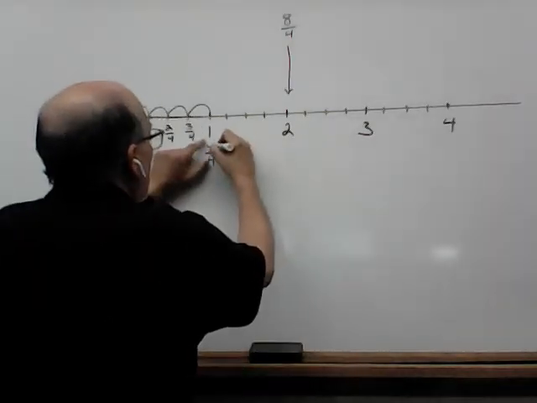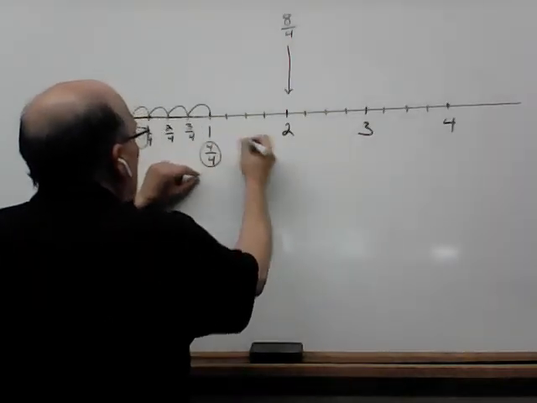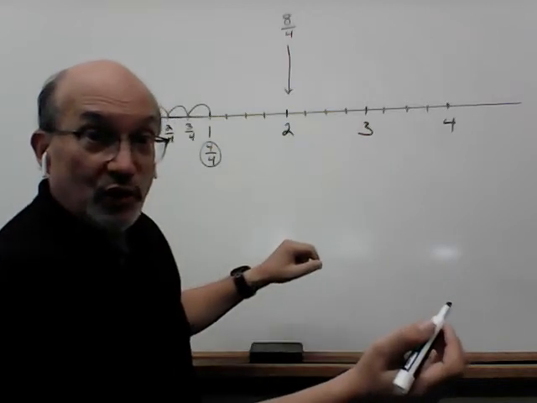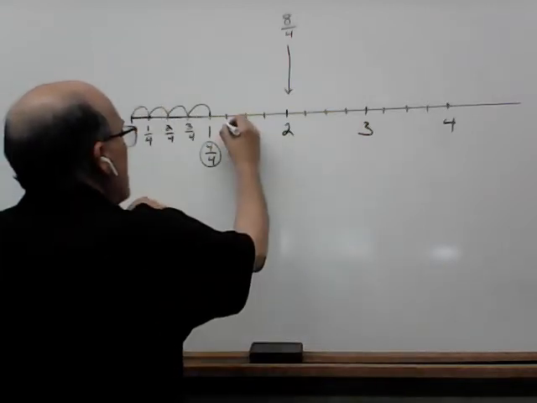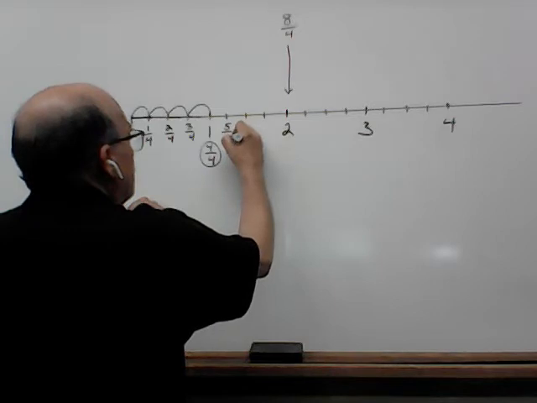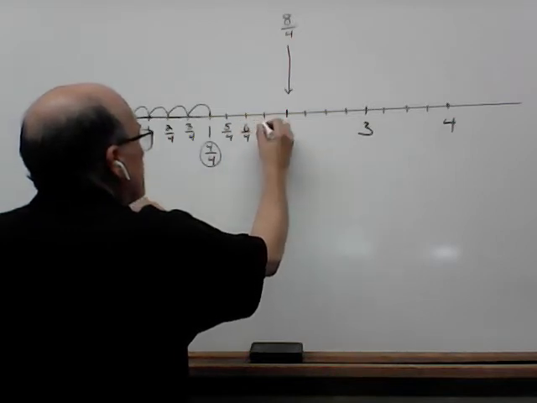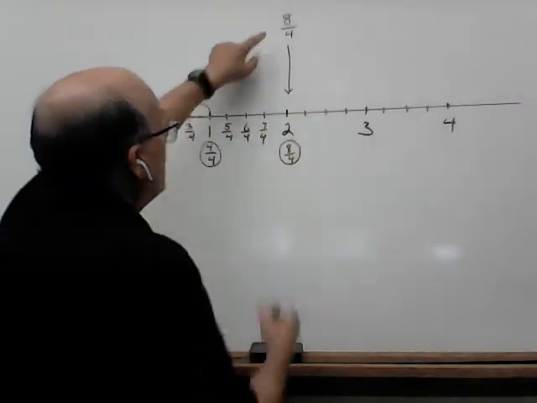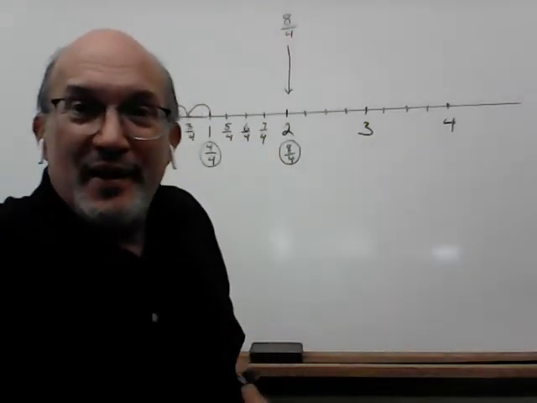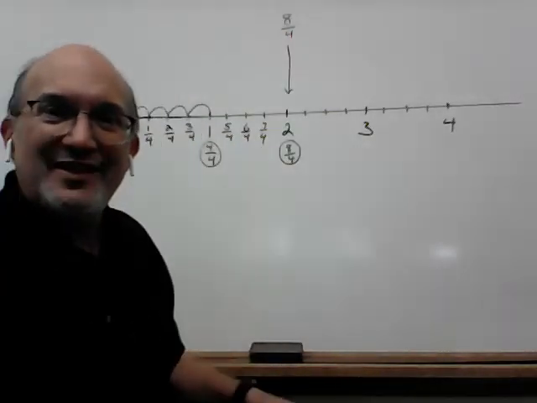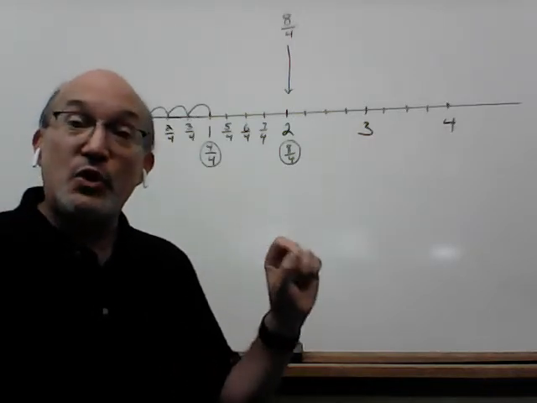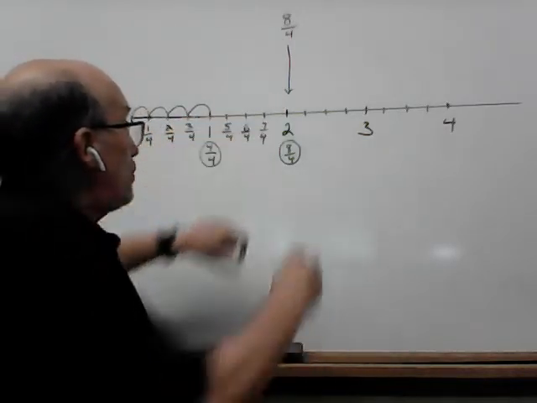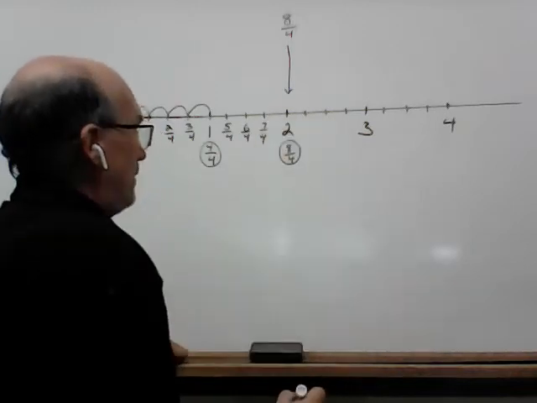So continuing from 1, which is 4/4, let me circle the fractions that are whole numbers. The next fraction after 4/4 is 5/4, 6/4, 7/4, and 8/4. As I indicated up here to remind me, the fraction 8/4 is exactly the same number as 2 because they are both this point on the number line.